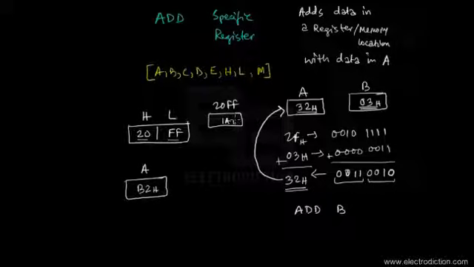Now let's say the data byte at this memory location is 1AH. You want this data byte at the memory location 20FF to be added to the data byte present in the accumulator. So you load this memory location in the HL register pair, which is already done before, and you write the instruction ADD M, and that's all.